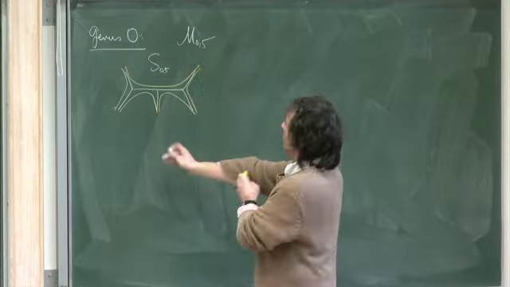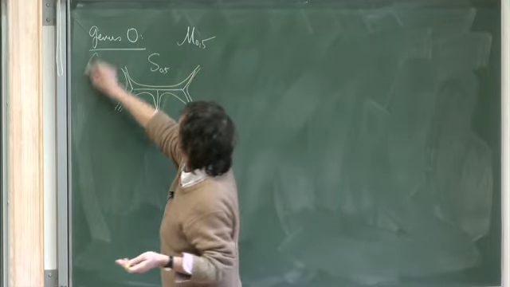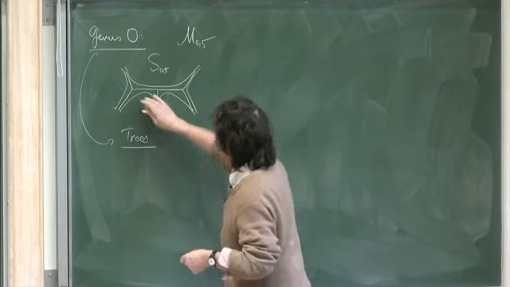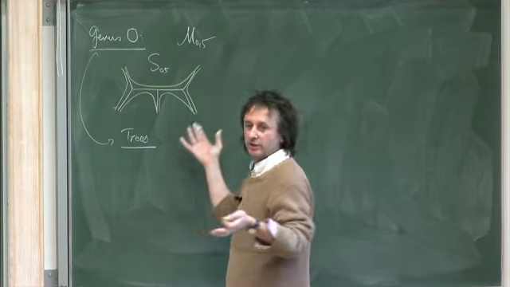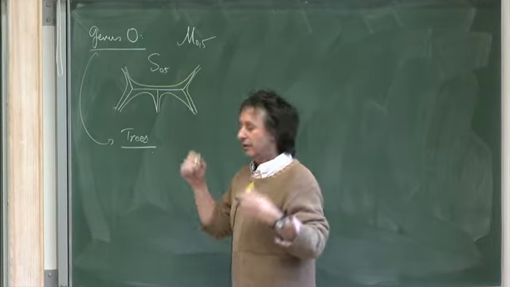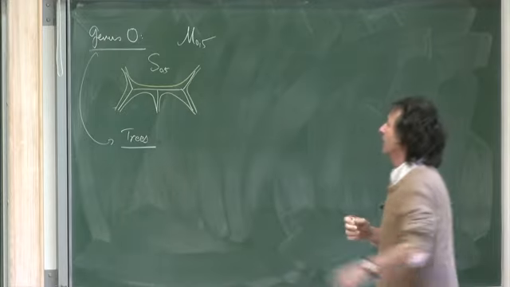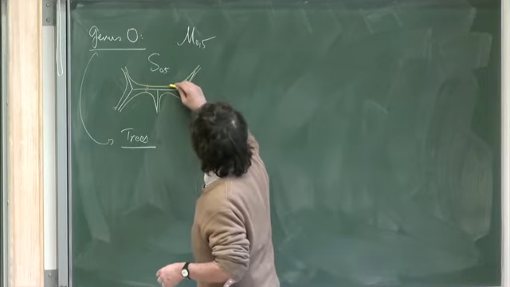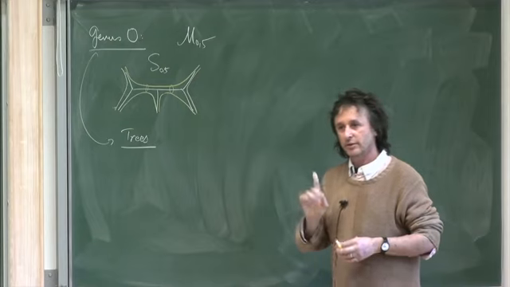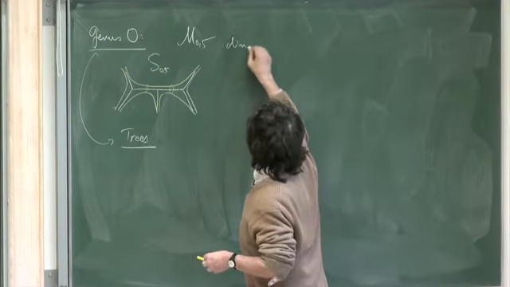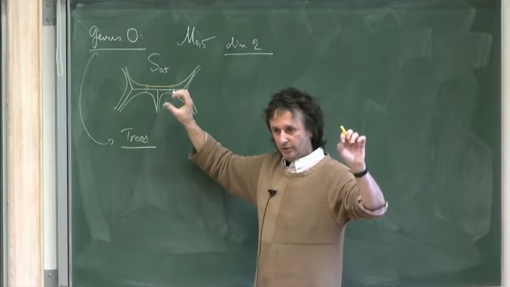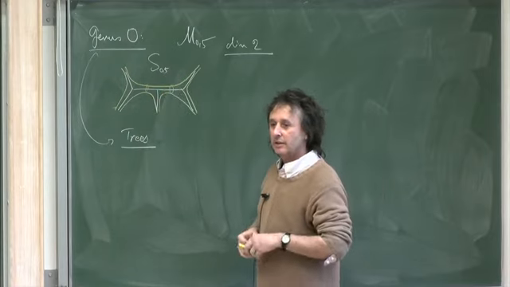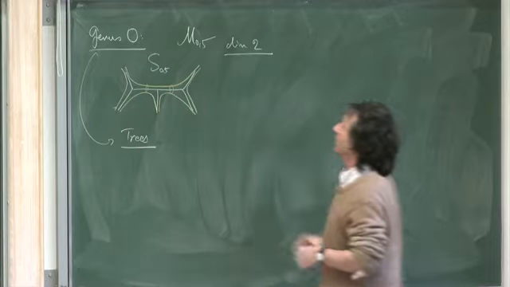So in genus 0, you have trees, and they essentially look like the surface. The geodesics are here. Here you have only 2: M05 has dimension 2. You have 2 geodesics, which are collapsed, or nearly collapsed.